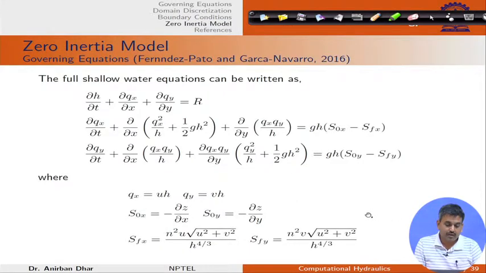So, for our surface water flow, specification of boundary conditions and more or less the solution is difficult due to nonlinearity present in the equation.